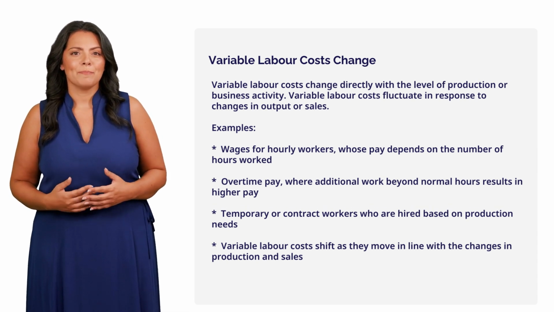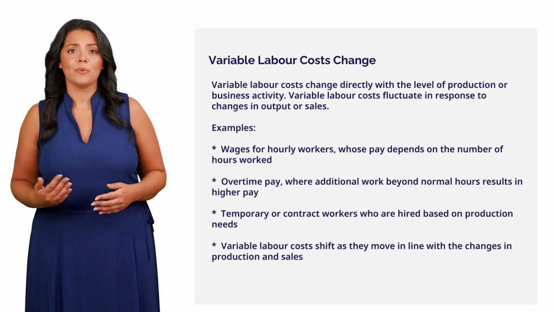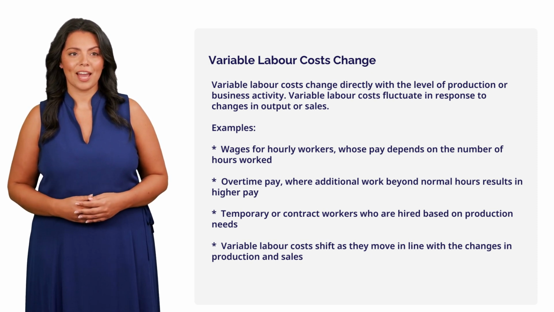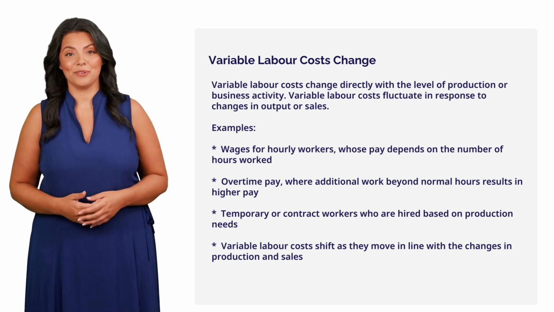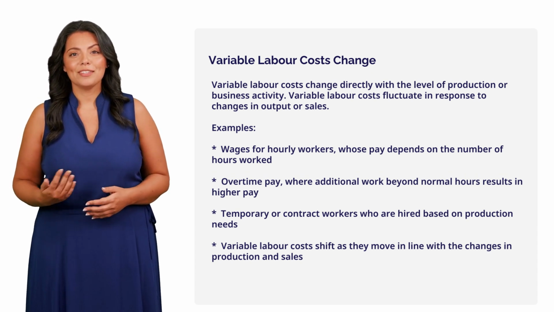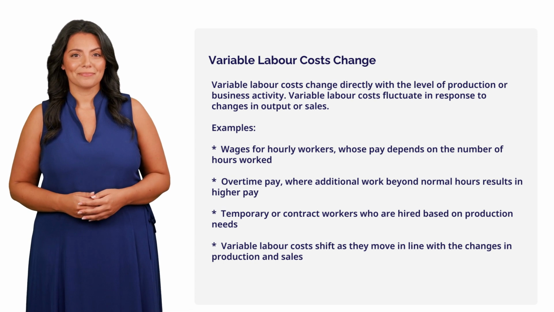The more a company produces, the higher the variable labor cost. Respectively, if the company production goes down, so does the labor cost. The characteristics of labor costs are that they are flexible and they fluctuate in response to changes in output or sales.